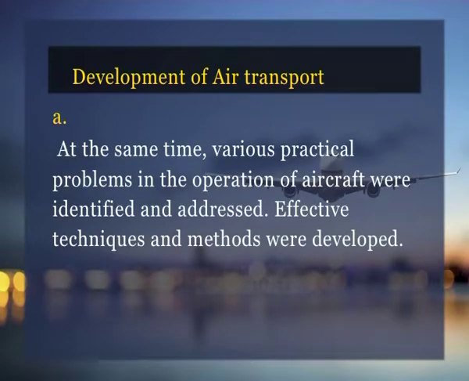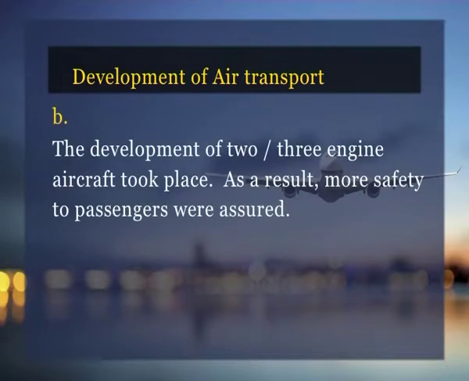At the same time, various practical problems in the operation of aircraft were identified and addressed. Effective techniques and methods were developed. The development of 2- to 3-engine aircraft took place. As a result, more safety for passengers was assured.